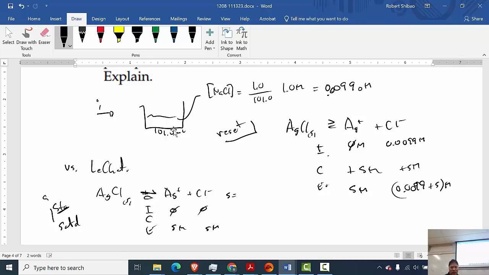And so initially I'm going to have KSP, which is going to equal the silver ion concentration times the chloride ion concentration, which is going to be equal to S squared. And so S is just going to equal the square root of the KSP. KSP for silver chloride is 1.8 times 10 to the minus 10. So I'm going to just take the square root, 1.8 times 10 to the minus 10. Now I get 1.34 times 10 to the minus 5 molar.